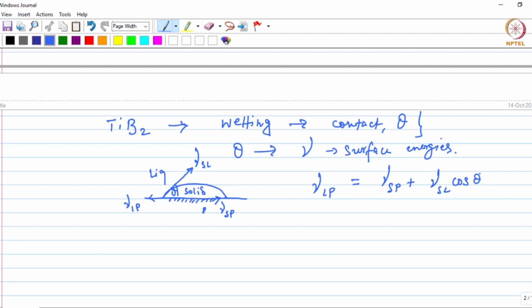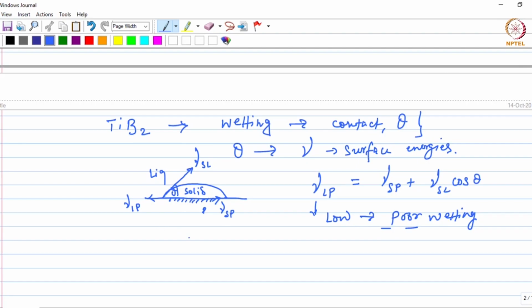So from here you can see that a low gamma LP is not good for wetting. And therefore a particle surface which provides a low gamma LP will not act as a good nucleating surface.